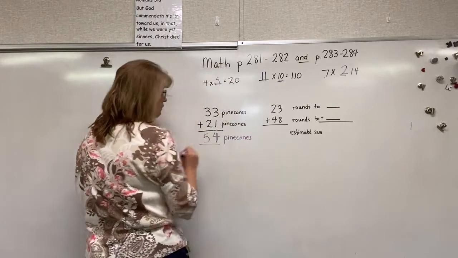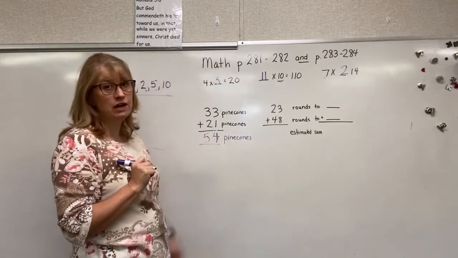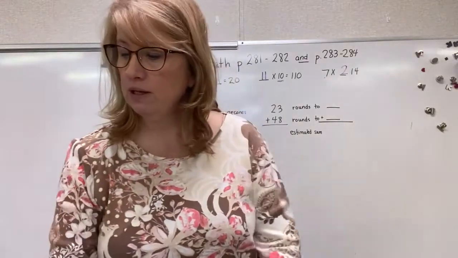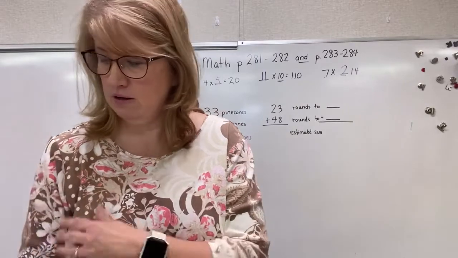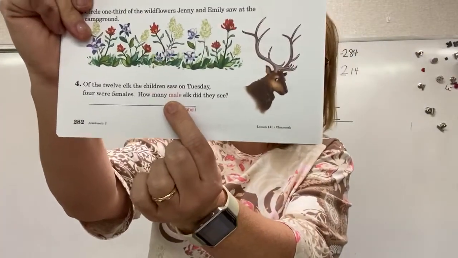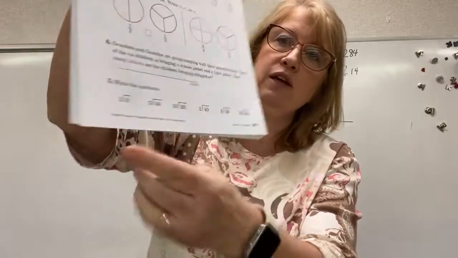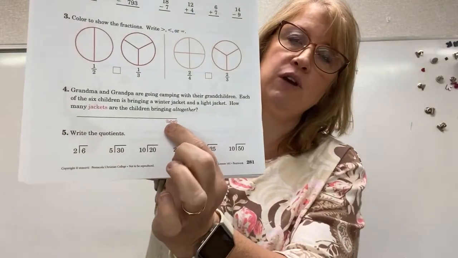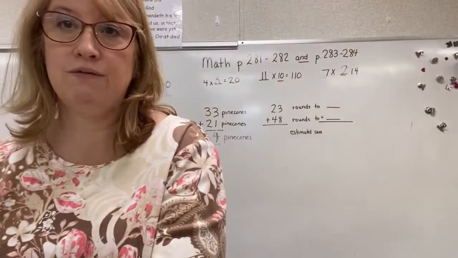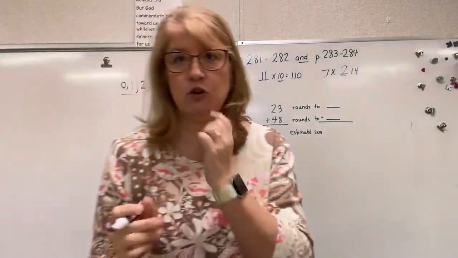We found 54 pine cones. You're going to have to start labeling your word problems now. And I believe that is here. And they have, for now, the labeling in red, what you have to write down above the label. Eventually, you won't have that, but they do have that for you for now.